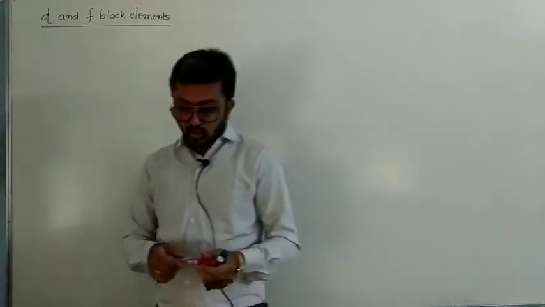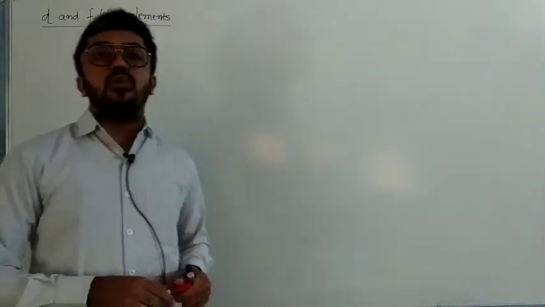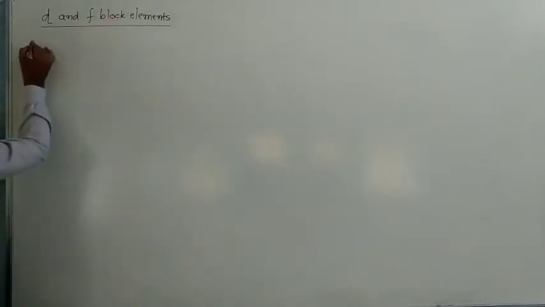So we know that there are 4 important blocks in the modern periodic table: S block, P block, D block and F block. How can we know whether an element is from D block or F block?